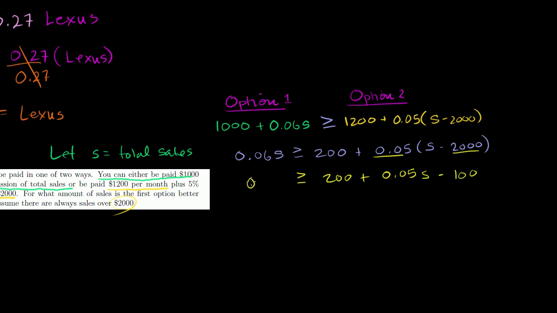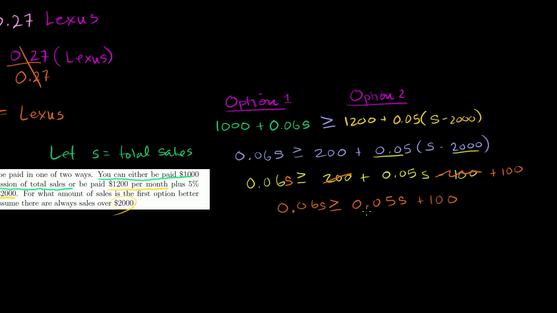On the left-hand side, we have 0.06s. Simplifying the right-hand side a little, 200 minus 100 we can just write as plus 100. So our equation is 0.06s is greater than or equal to 0.05s plus 100.